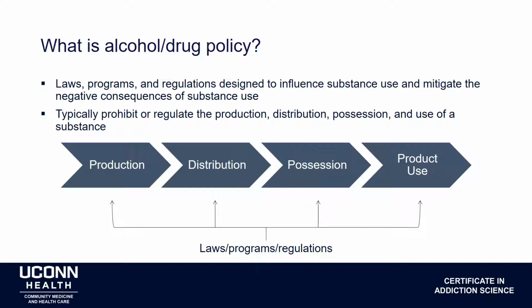Typically, we're talking about things that prohibit purchase and sale of a product, prohibit the production of a product, prohibit distribution and possession of a product, depending on whether we're talking about a legal substance or an illegal substance. But for all of these different parts of the chain between growing and producing a product to actual substance use, there are laws, programs, and regulations that attempt to regulate each part of this process.